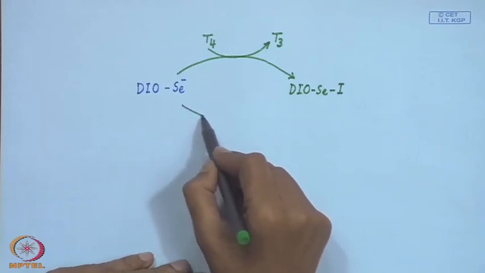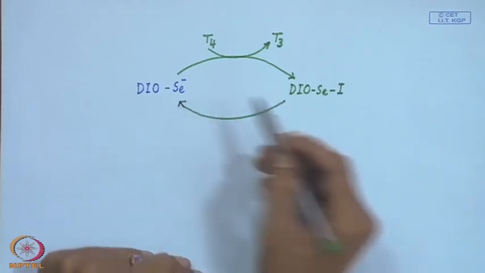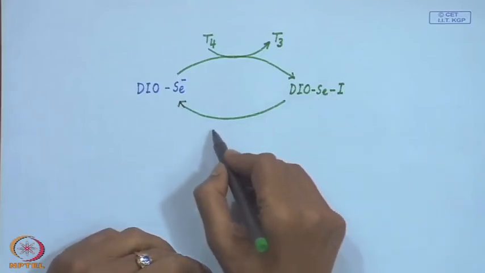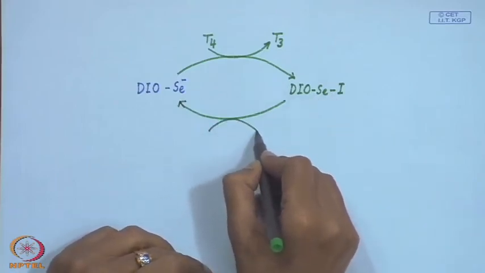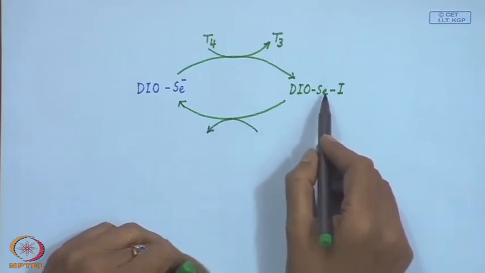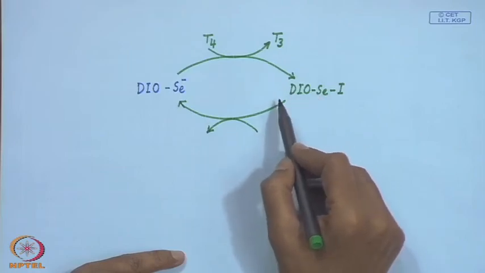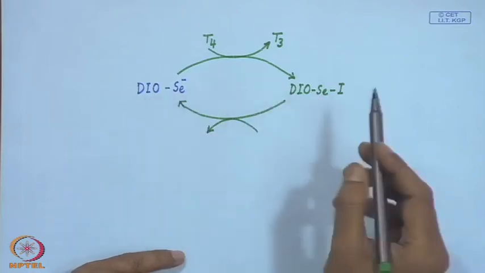The cycle can be closed since it is a typical catalytic cycle, where we use a reductant to convert this oxidized form of the deiodinase to the reduced form.